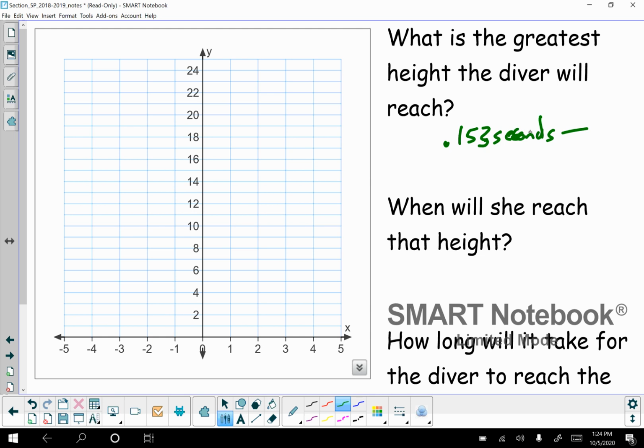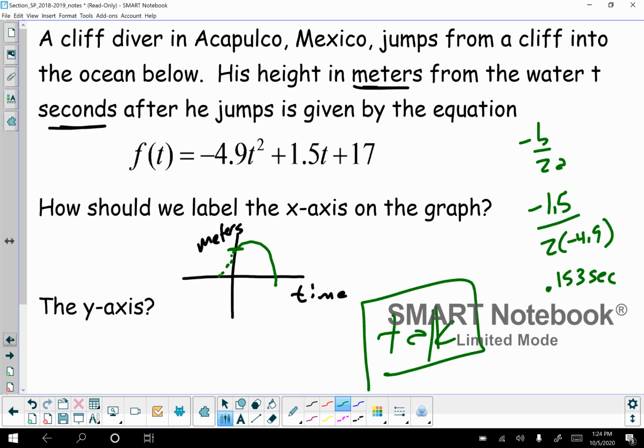I'm going to take that 0.153 and plug it into my equation back here for x. So I'm going to go negative 4.9 times 0.153 quantity squared, plus 1.5 times 0.153 plus 17. It looks like 17.11.